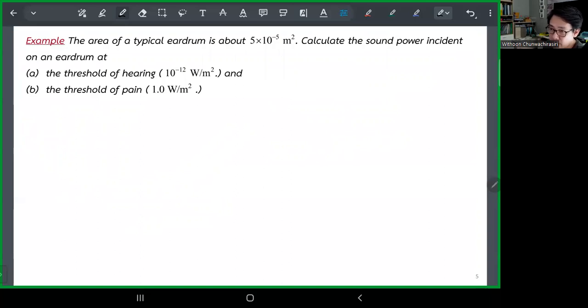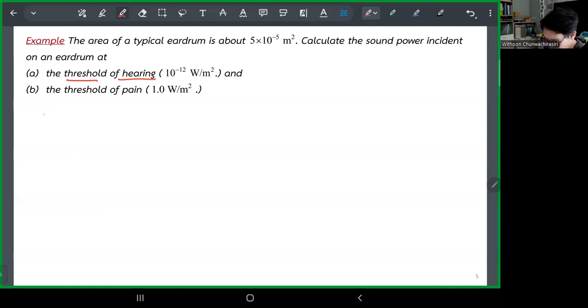Part A is 10 to the negative 12, which they call the threshold of hearing. What does it mean? Everyone agrees that 10 to the negative 12 watts per square meter is pretty much the average intensity at which humans start hearing sounds. Is that cool? Now we want to calculate the sound power.